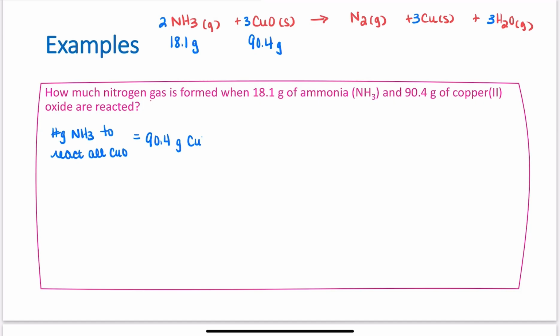So I've got 90.4 grams of CuO. 1 mole of copper 2 oxide weighs 79.55 grams. And I see from my balanced reaction, 2 moles of ammonia are consumed for every 3 moles of copper 2 oxide consumed.